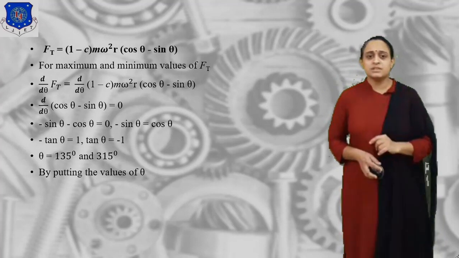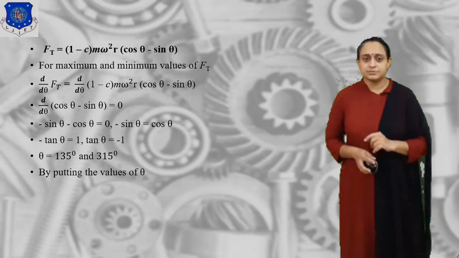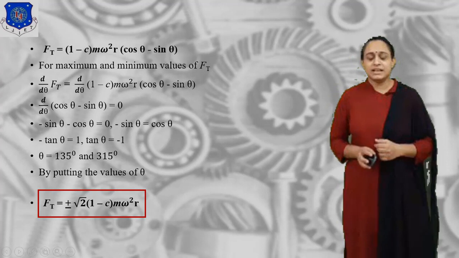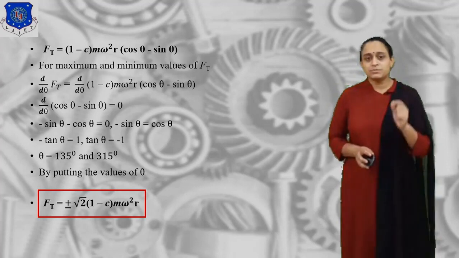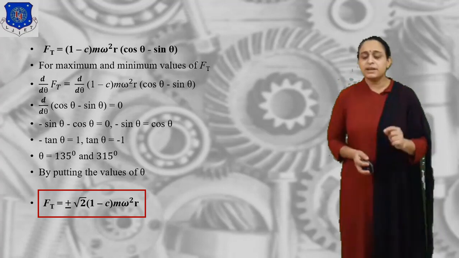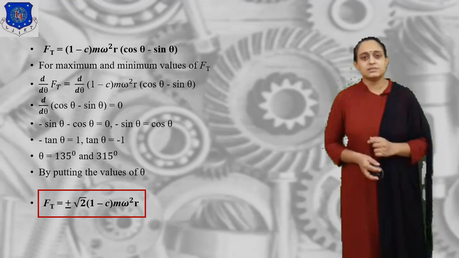By solving both these equations, we will get FT as plus or minus root 2 (1 minus c) m omega square r. You have to solve it on your own, and you will directly get this answer.